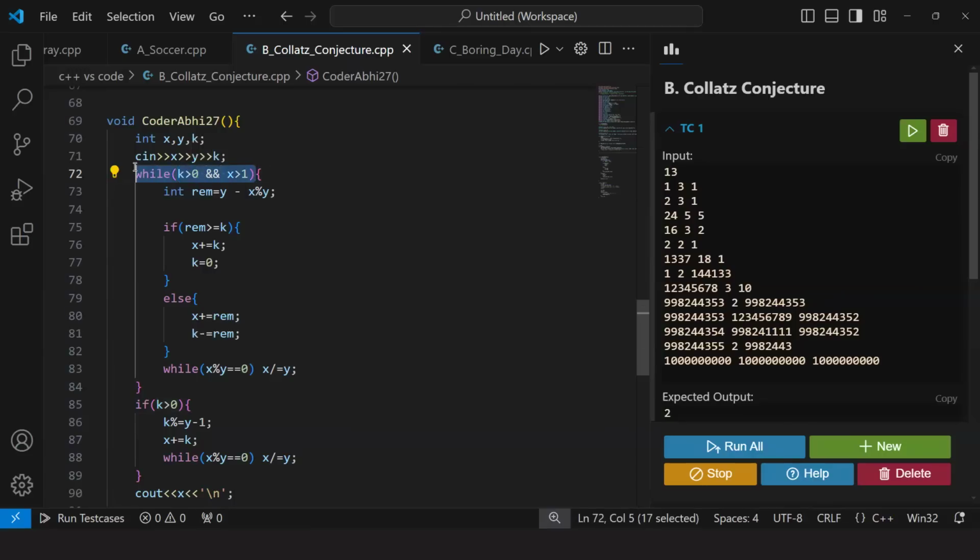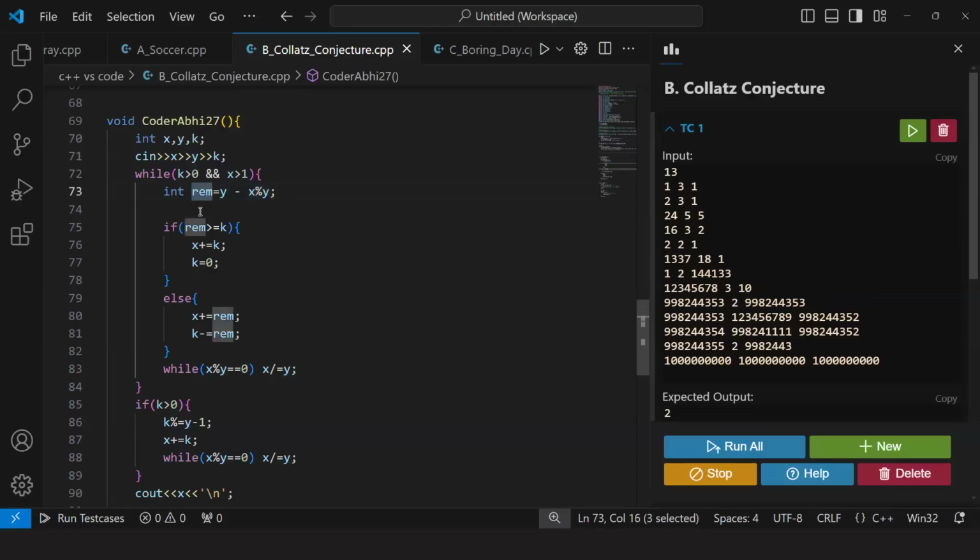Okay, so the while loop is still here. Now what we are doing is y minus x modulo y. As I told, these are the number of steps you would take. So if we are at some x of some group, it would take these many steps to reach the end of the group.